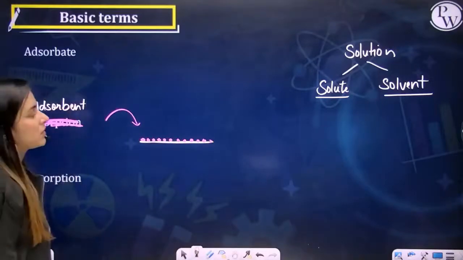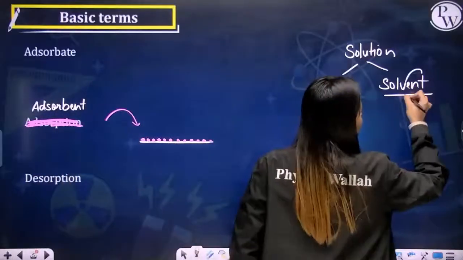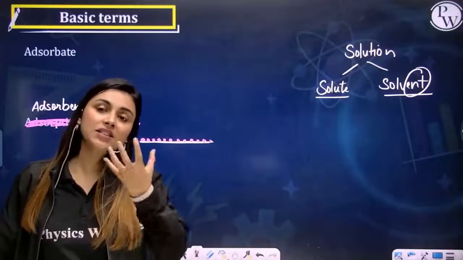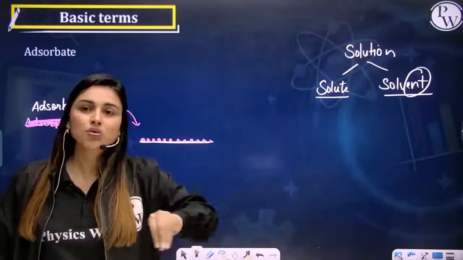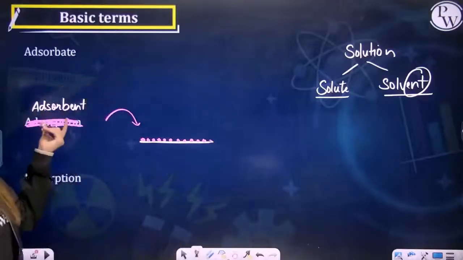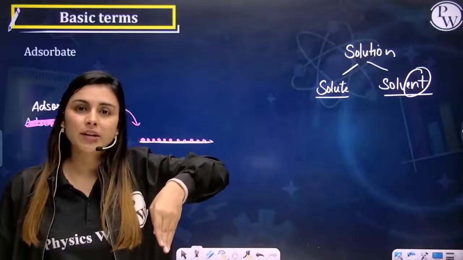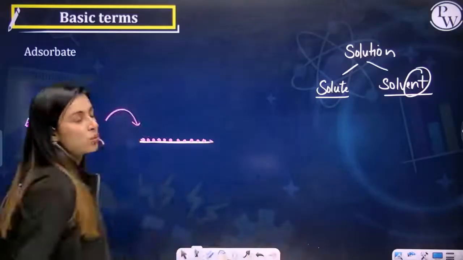Okay, now how will you understand? See, solution has ENT in it, and solvent has ENT in it, and solvent provides the medium for the solute to come and get dissolved in it. Similarly, your adsorbent provides the surface for the adsorbate to come and sit on it. So you can understand by this ENT, your solvent also has ENT.